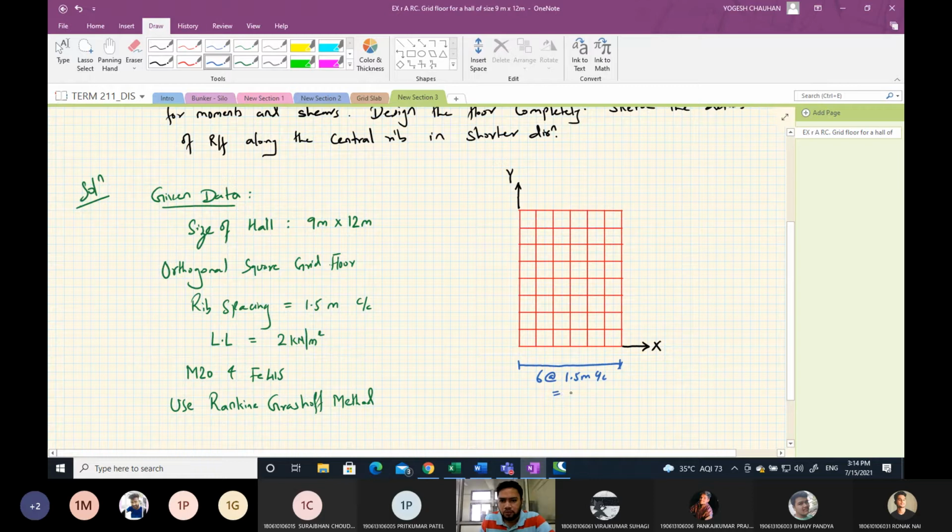Total is 9 meter. Same way along the Y direction, we have 8 bays at 1.5 meter center to center, which will be equal to 12 meter along the Y direction.